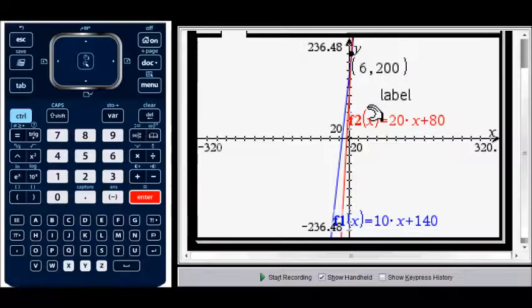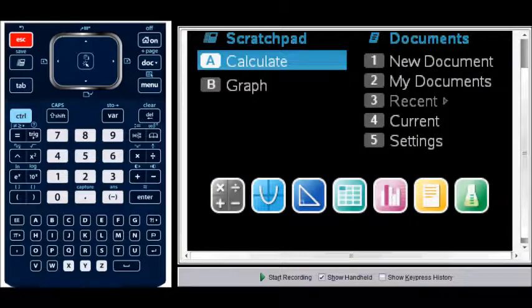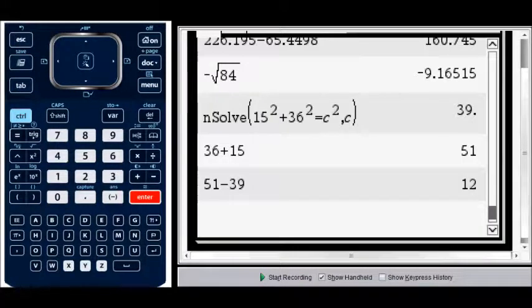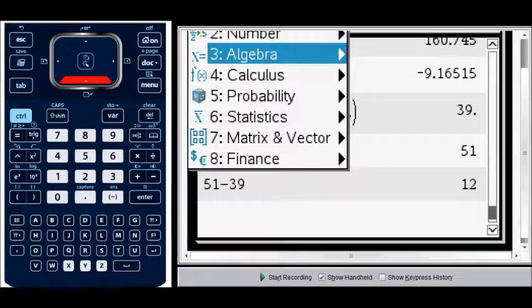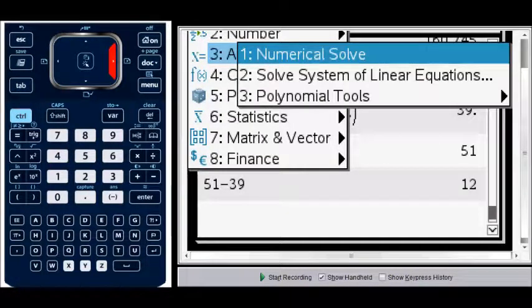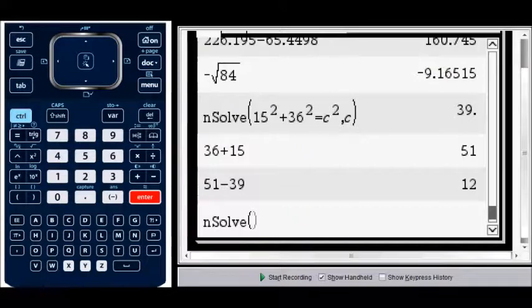Now remember, I told you we could also just do numerical solve. So you may find numerical solve easier. Let's go ahead and go to numerical solve, and let's do it that route. So we go to calculate. I can go to menu, go down to algebra and numerical solve, and I'm going to type in the whole equation. So we had 140 plus 10x, and if you notice when I put the equation in, I did 10x plus 140.